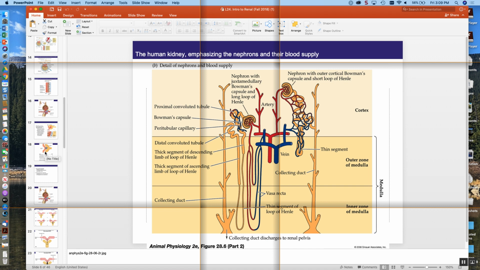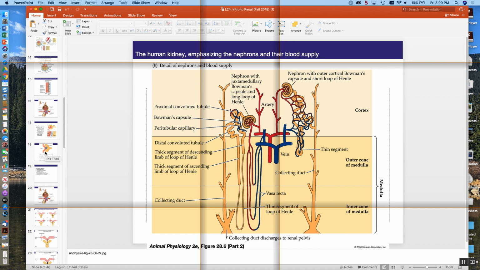I'll detail that in just a little bit, but as the red blood cells and the fluid flow down towards the intermedullary region, salts are going to enter into the vasa recta and water's going to be pulled out. But then as it goes back up towards the cortex region, the water is going to enter back in and salts are going to be pulled out, right?